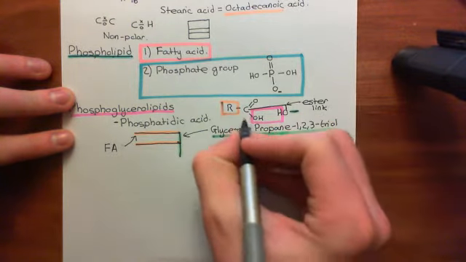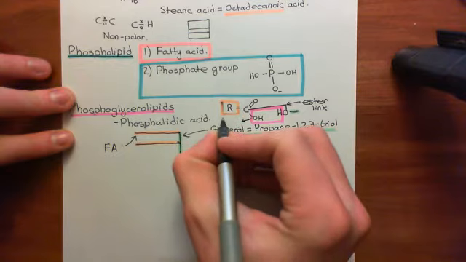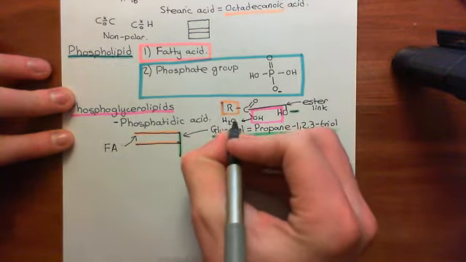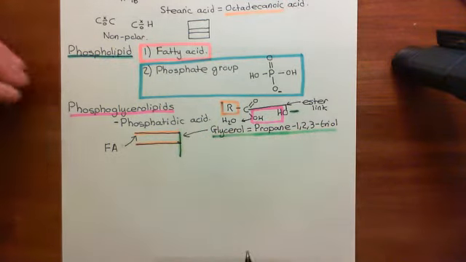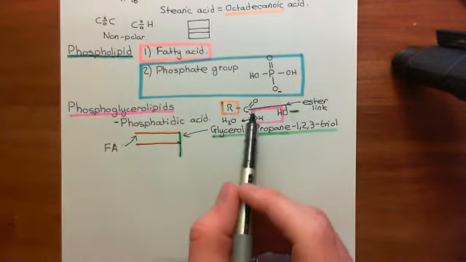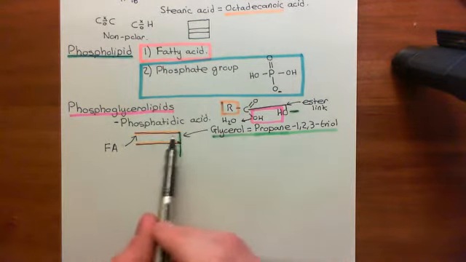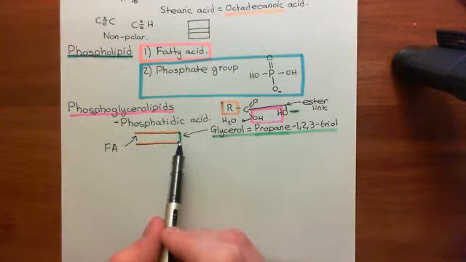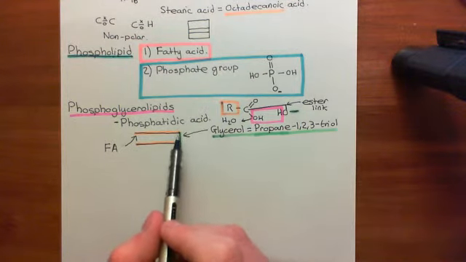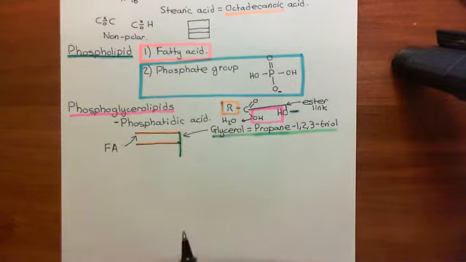The reaction which produces this ester link also produces water and is therefore called a condensation reaction. That is how we are attaching these long-chain carboxylic acids onto the alcohol groups that come off the first and the second carbons of the glycerol molecule.